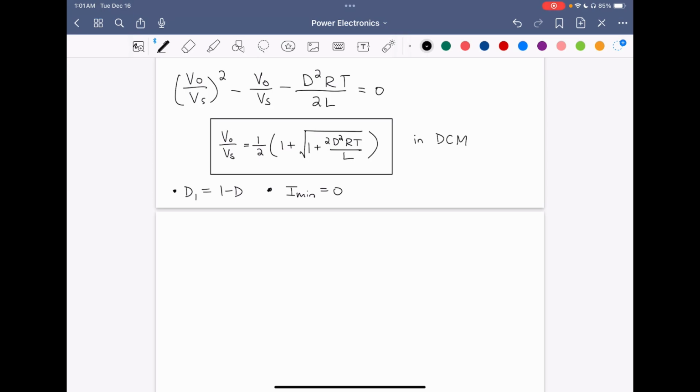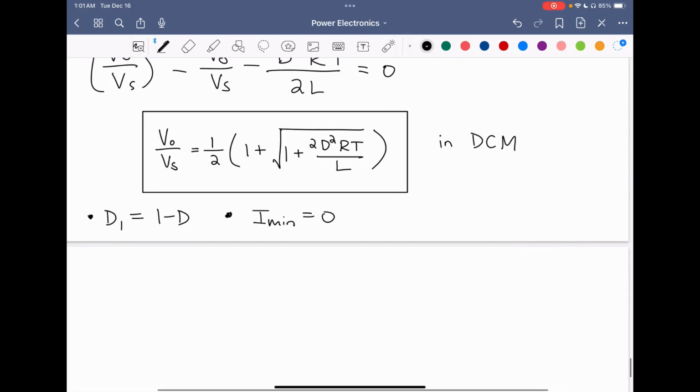And the boost converter, for the same topology and the same values of our circuit components, can operate in the continuous or discontinuous mode depending on the duty ratio.